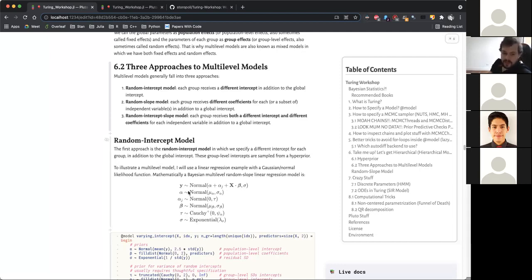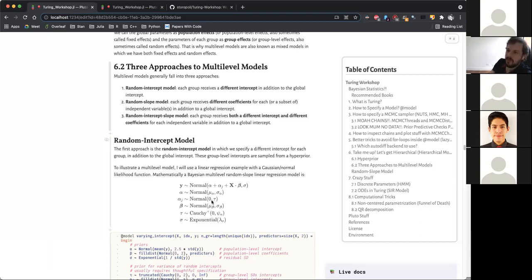And then we say that we have a global intercept. This is the alpha here, which takes a mean and a standard deviation. And then here are our group level parameters. Every group has its own local group level intercept, which is a normal with mean zero.